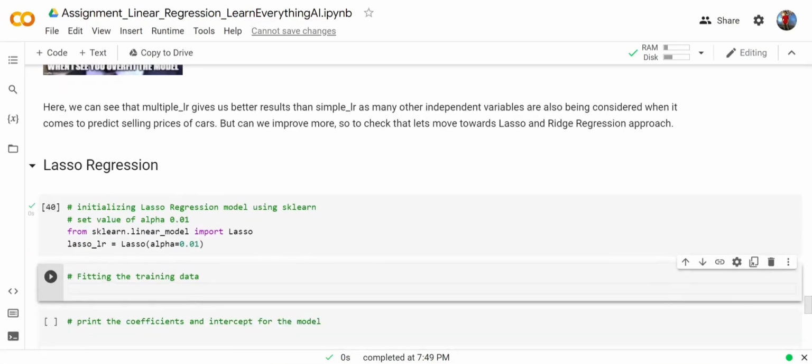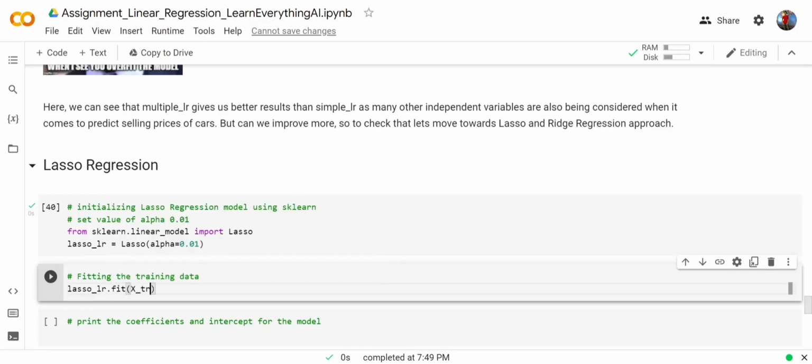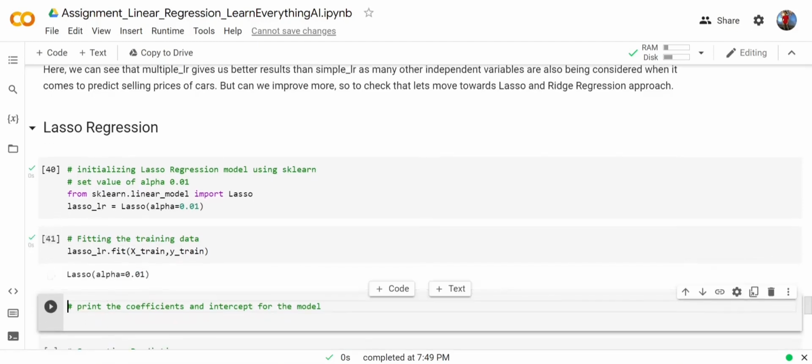So we have initialized it, and again we fit the training data into it. So lasso_lr.fit(x_train, y_train). Yeah, so I fit it again, and now we'll follow the same procedure to print the coefficients and the intercept.